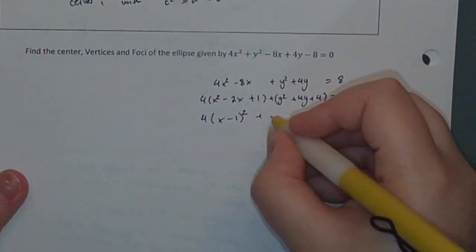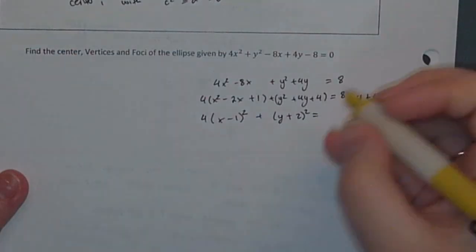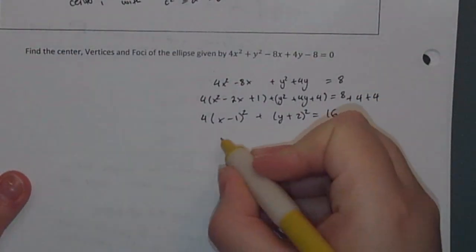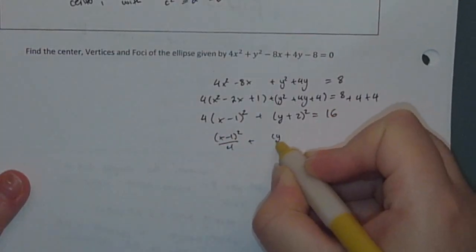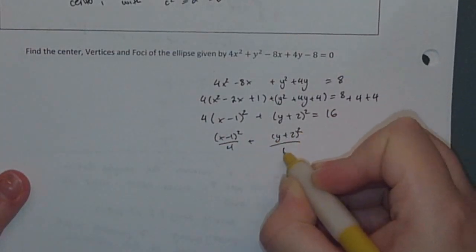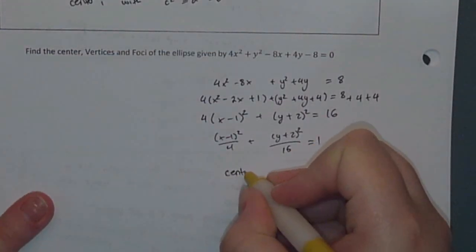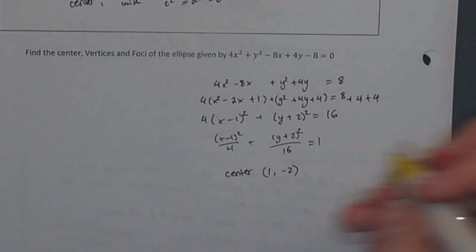Y squared plus 4y plus 4 turns into (y plus 2) squared, and we're equaling that to 16. Divide everything by 16. We have (x minus 1) squared over 4 plus (y plus 2) squared over 16 equals 1. Now our center, still h comma k, so 1 comma -2.